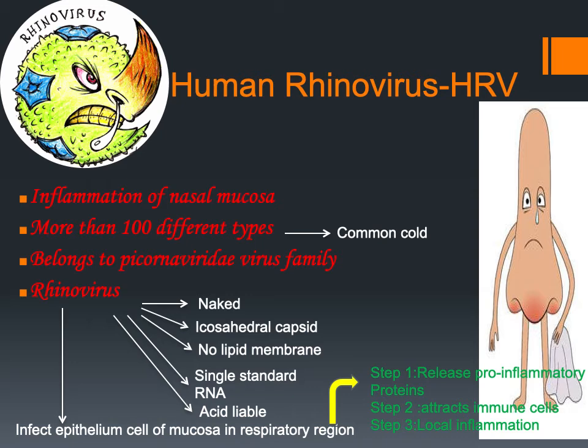When the immune system aggregates in that place, it results in inflammation of the local area. So rhinovirus causes inflammation in the nasal mucosal layer, which results in a lot of the symptoms we have discussed before. Got it? So this is about the human rhinovirus.